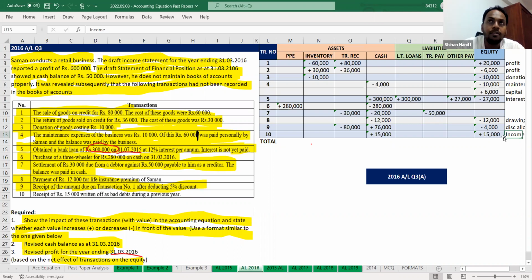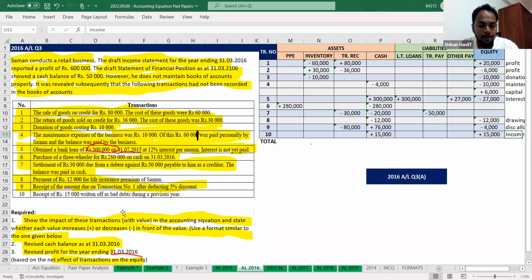The simple way is that it is considered as an additional income, recovery of bad debt. So the double entry for recovery of bad debt is cash account debit, income statement credit. Even if we can read it as the bad debt account, it is considered as an additional income.